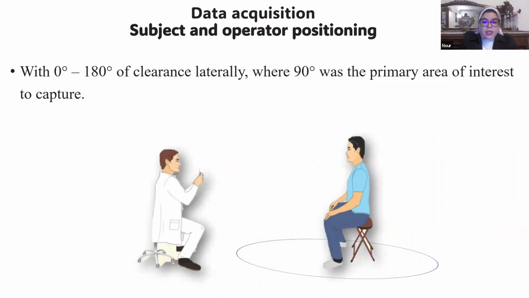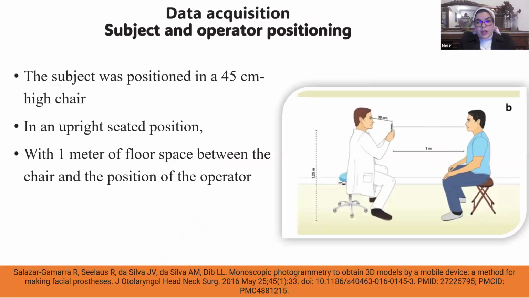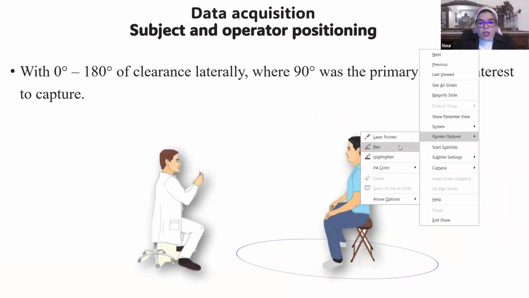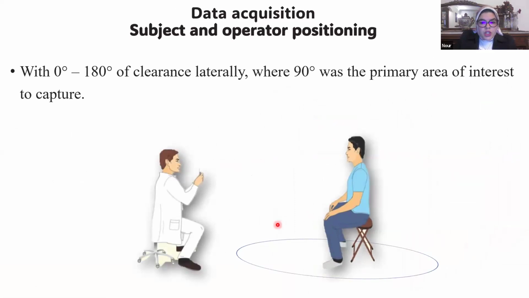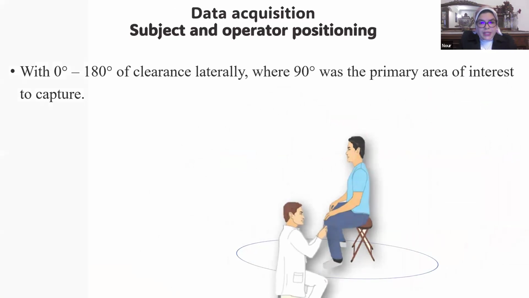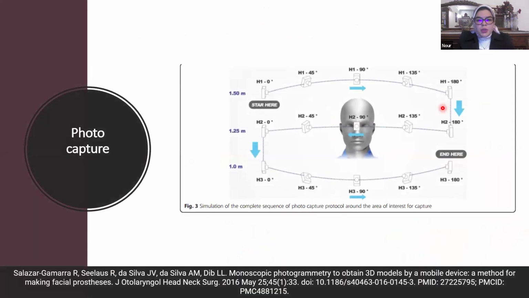Again, this is important because you have two options: either 360 degrees, where you rotate fully around the subject, or you just take the front from one ear to another. So 180 degrees of clearance laterally before you start is important.